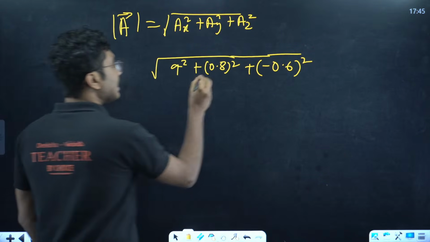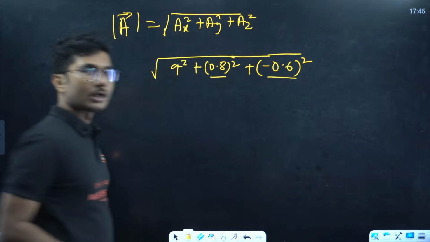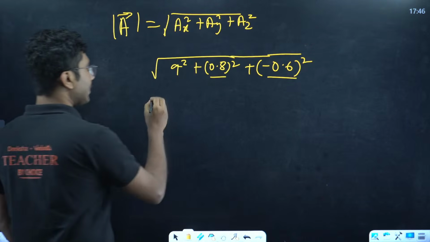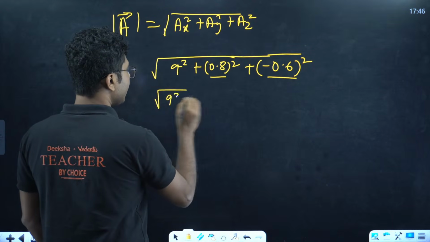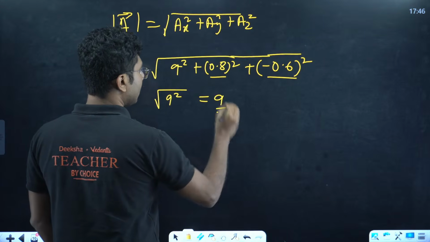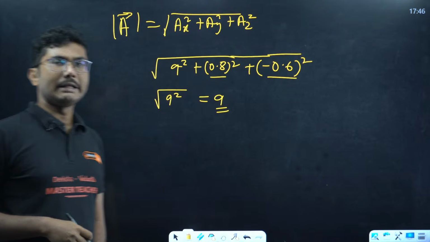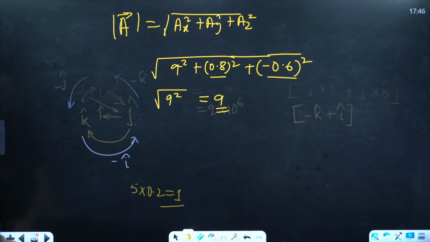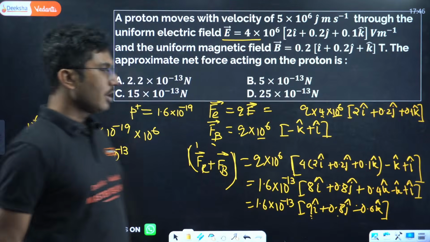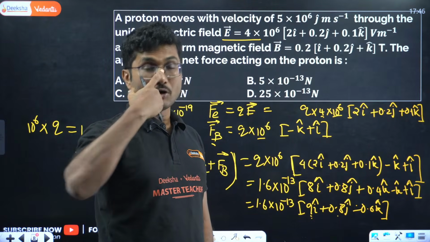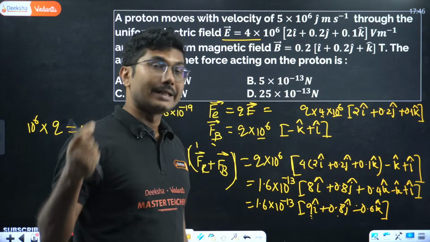You will see that these are very, very small compared to this 9. That means when you take the square root of this, it will turn out to be 9 only. So the approximate value will be 9. That is the method that you need to know. After solving this much, you don't need to waste any of your time calculating the exact magnitude.